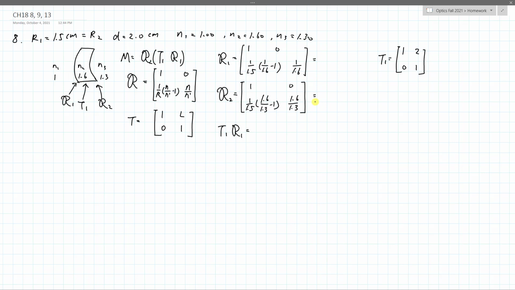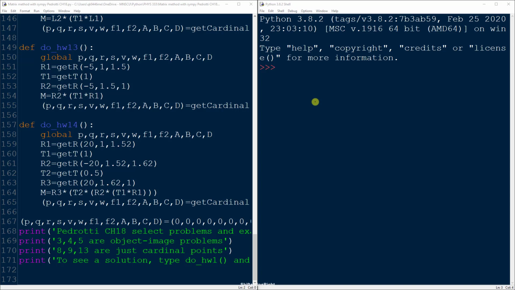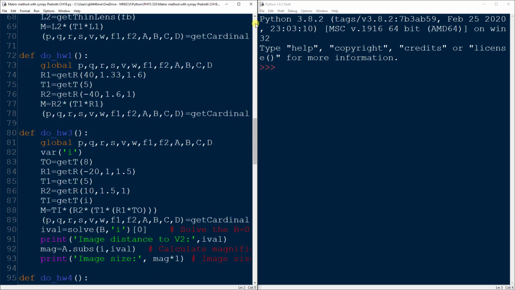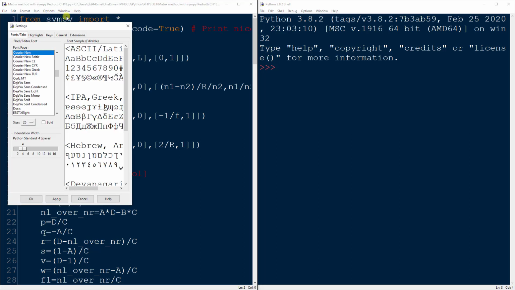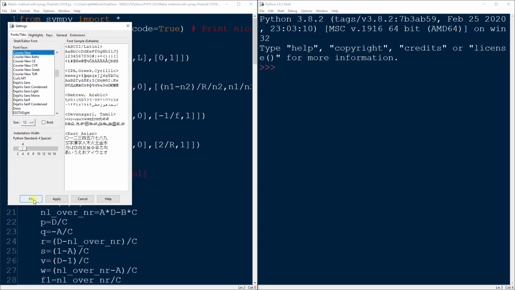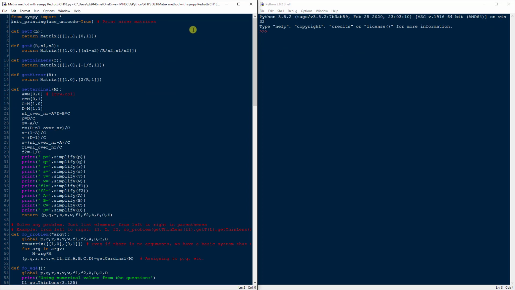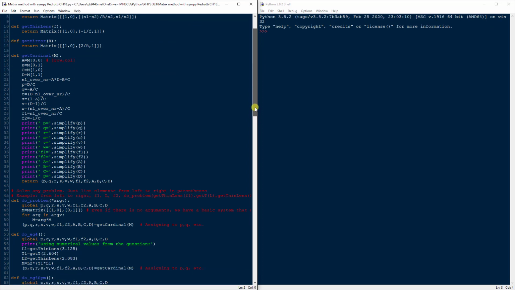So this is a good time to look at the program that I posted. Let's move that out. There are a lot of lines here, I'm sure, but they're all just replicating different questions.